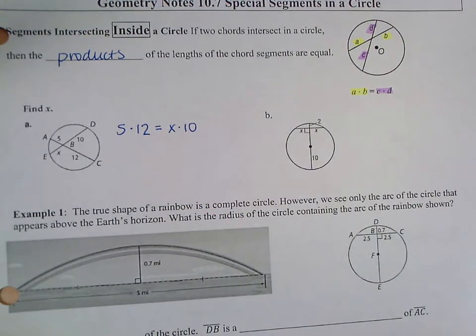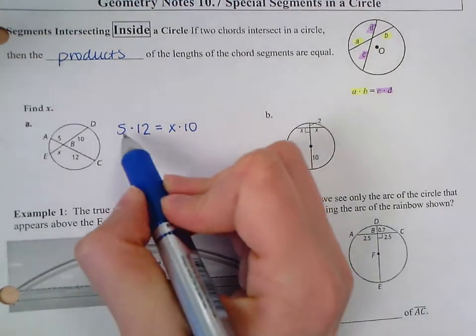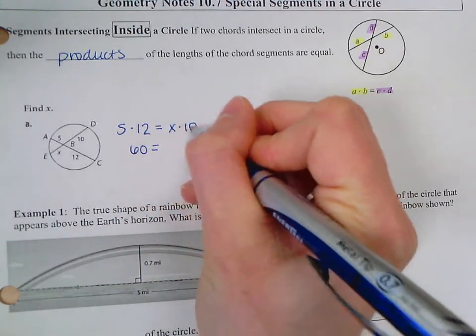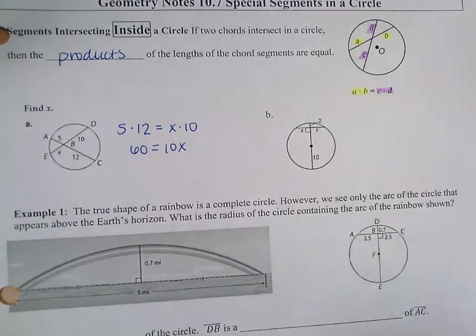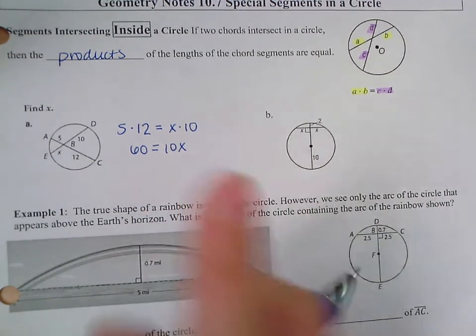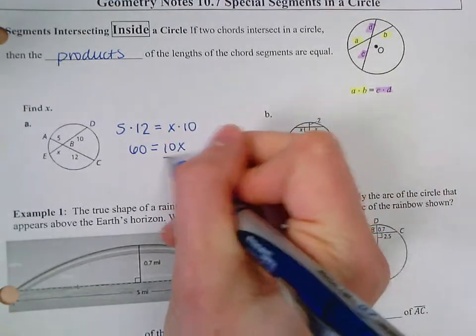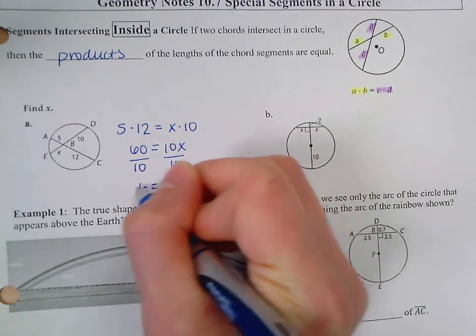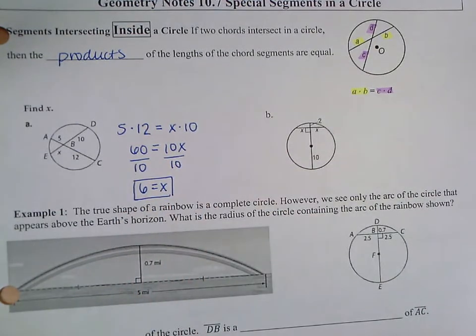And we're solving that for x. I'm just going to rewrite this. 5 times 12 is 60. I can rewrite x times 10 as 10x. And you could have written this right away. And then to solve for x, I just have to divide by 10. So x in this case is 6. Okay, so the products of the segments that form each chord are equal to each other.